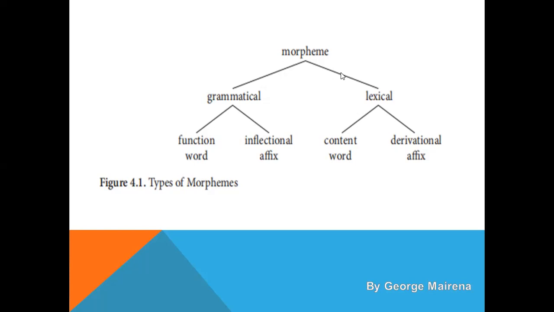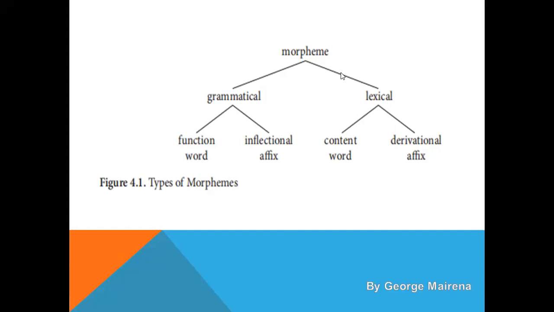On the other hand, the other type of morpheme is the lexical morpheme. If you read the document, you probably noticed that lexical morphemes express meaning by context, right? Or when you look up the meaning in the dictionary, it is lexical, right? In this one, we can cover the content word and the derivational affix.